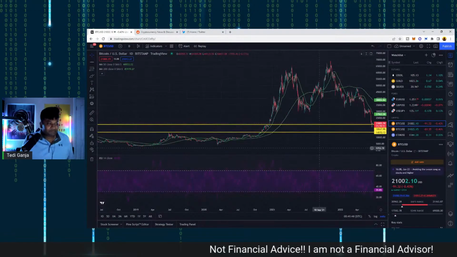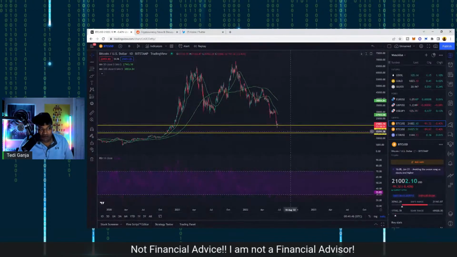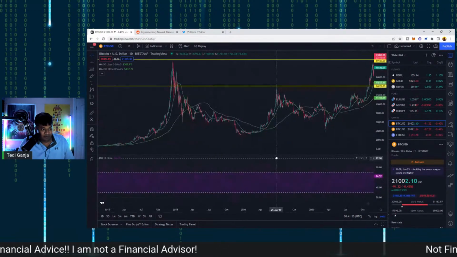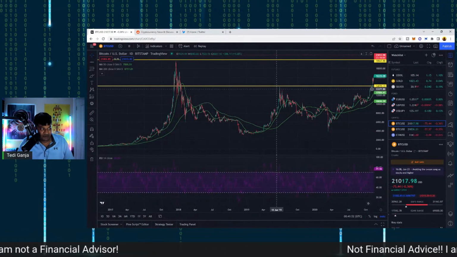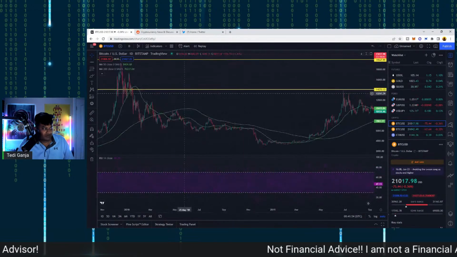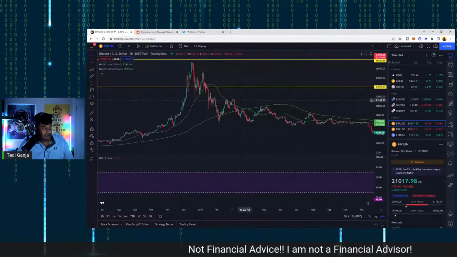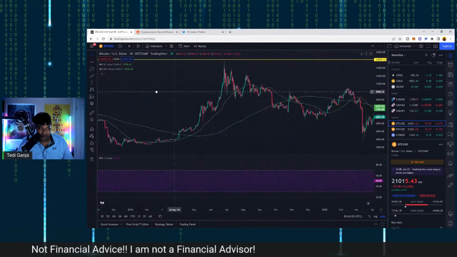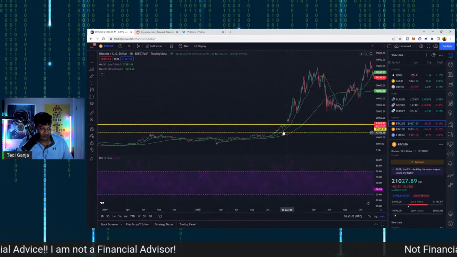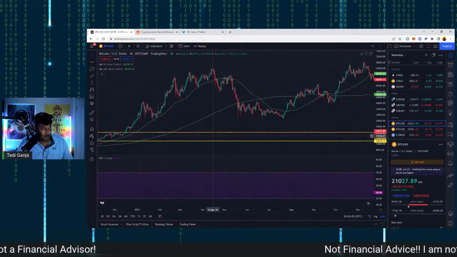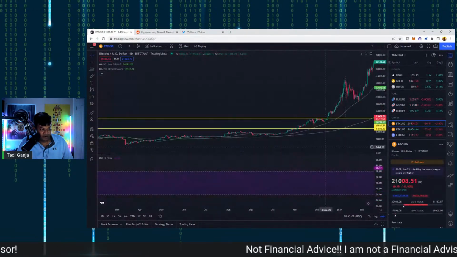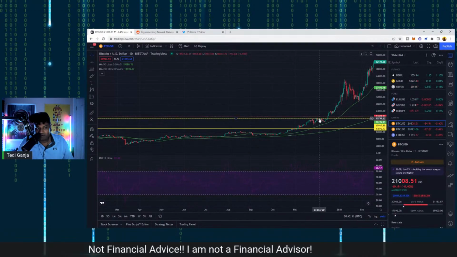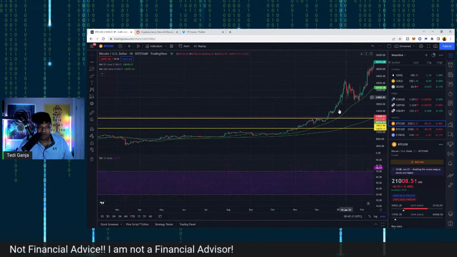So this is the other major support level that we can draw up from history. It was slightly used in here as a resistance up here. And over here, you'll see even before takeoff, it was used as a resistance before it broke that level to the next level and then continued going.